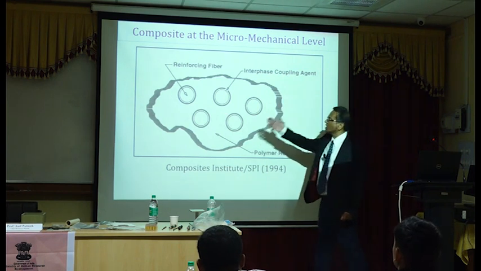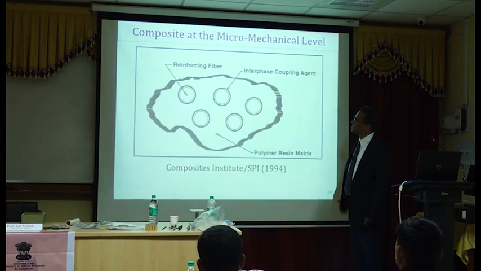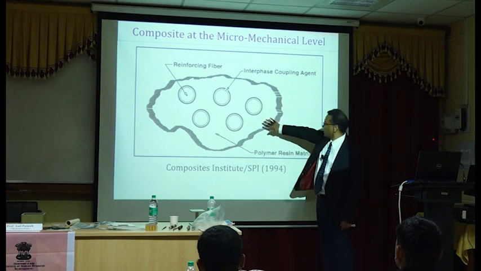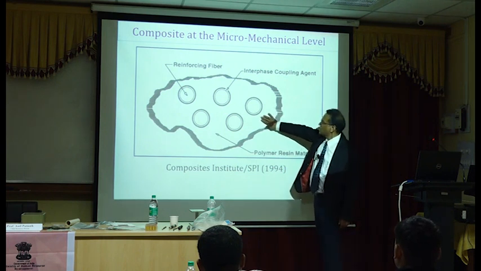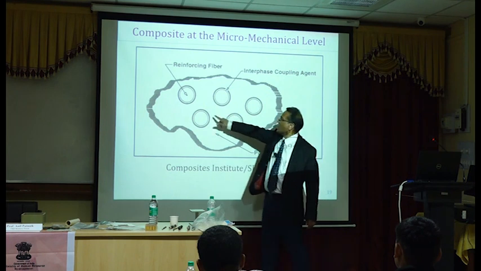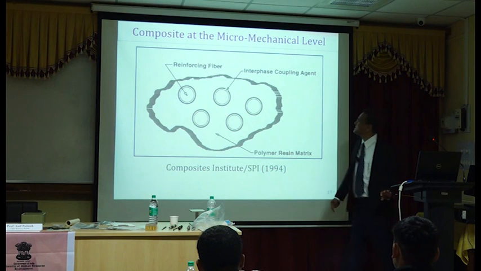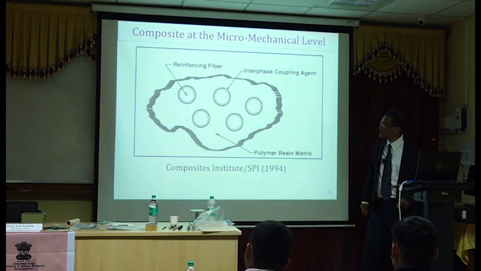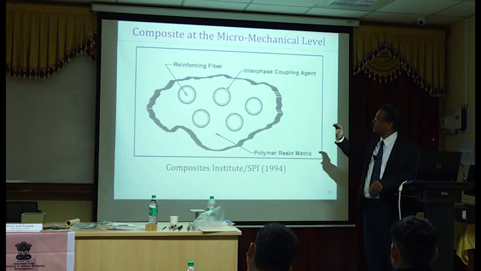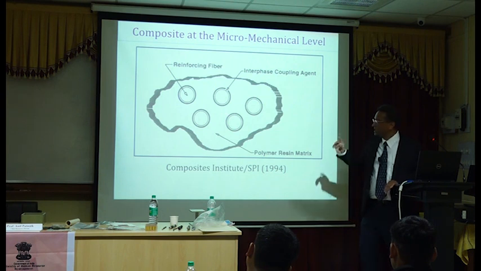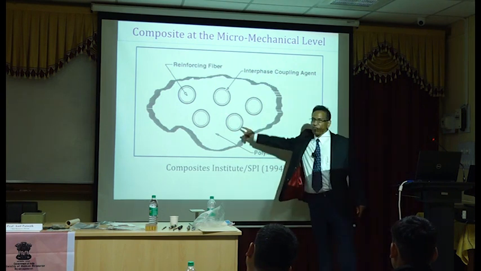So if you see a section through your composite, you will see something like this. You will have matrix here, fibers, and then remember on the surface you have sizing, which is a coupling agent. That's a coupling agent which is helpful in improving the chemical bond between the matrix and the fiber.